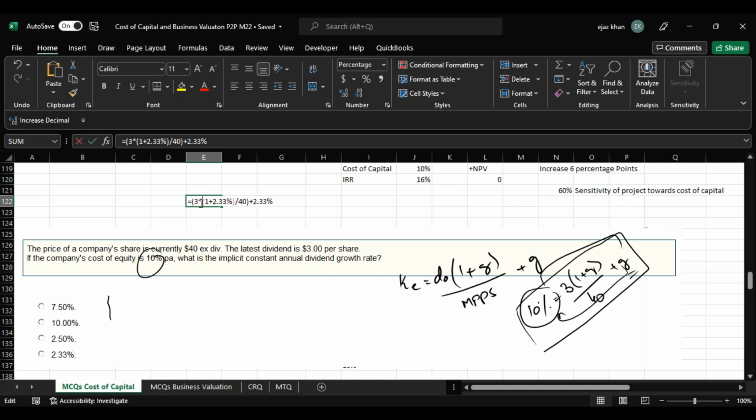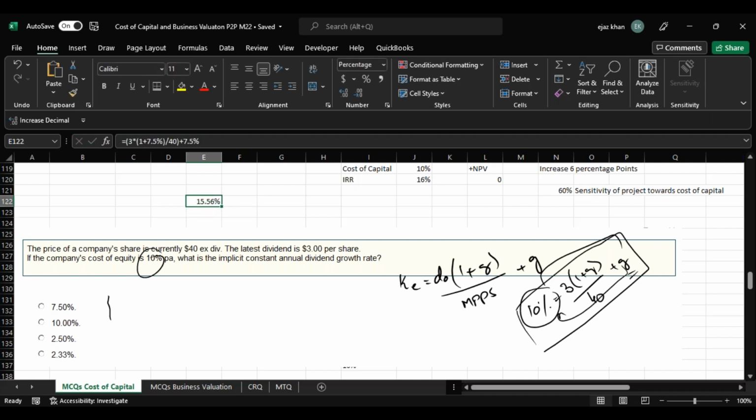So if we put 2.5%, we will be close, but not that close as we are in case of 2.33. It's 10.19%, so a bit far. Similarly, if you put 7.5%, we won't be even near to 10%.